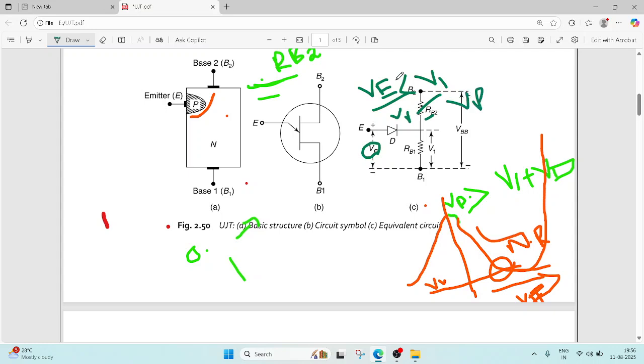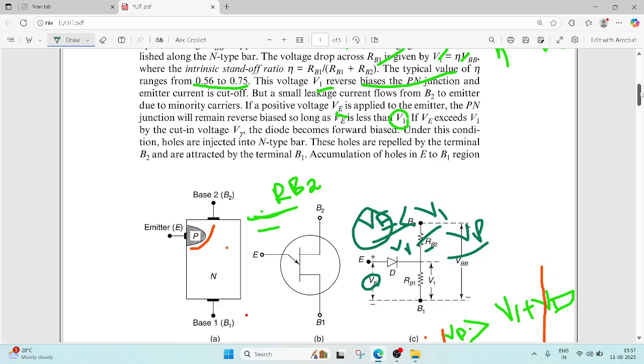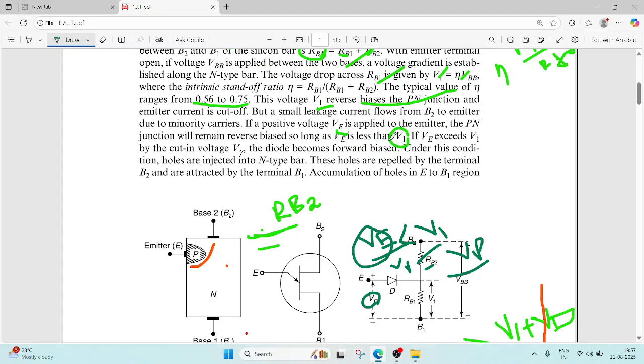These are the two things: when VE is less than V1, the diode is in cutoff; when VE equals VP, saturation, right? See here, when VE is less than V1, it is cutoff and the diode is reverse biased. Once VE exceeds V1 and equals VP, the diode is forward biased.